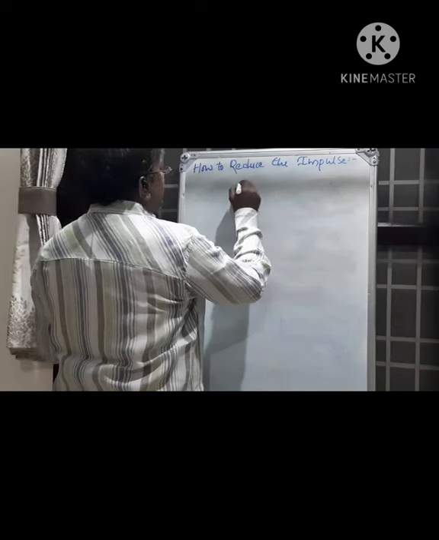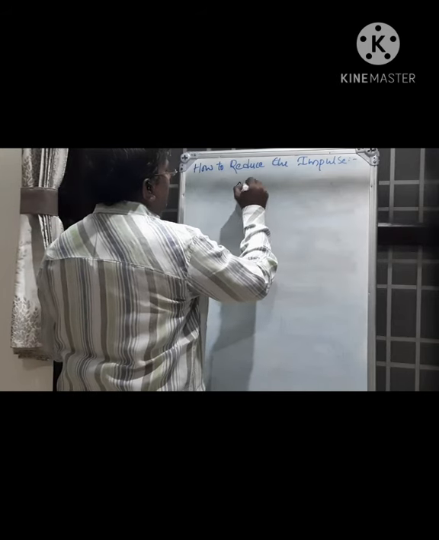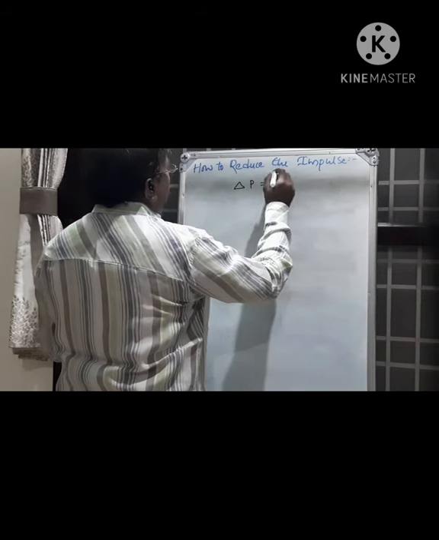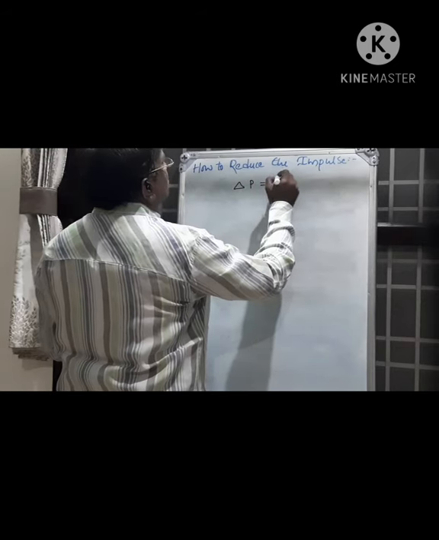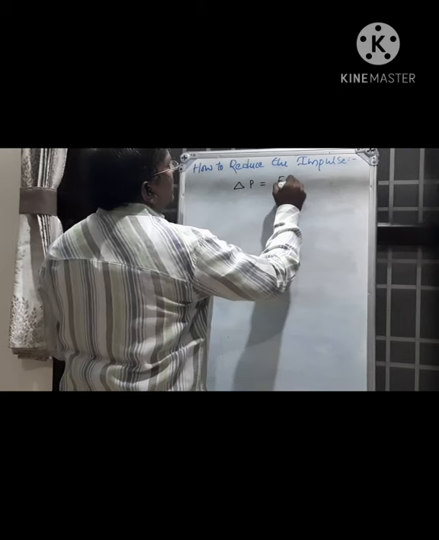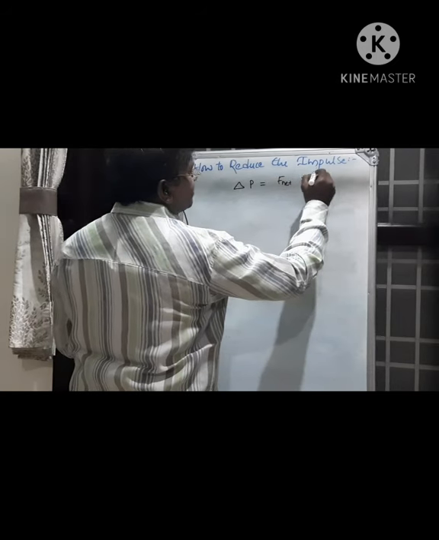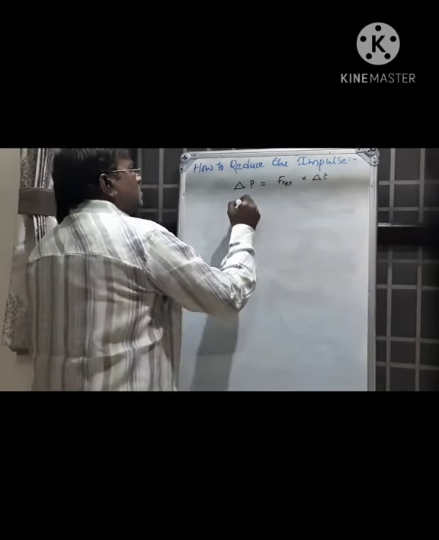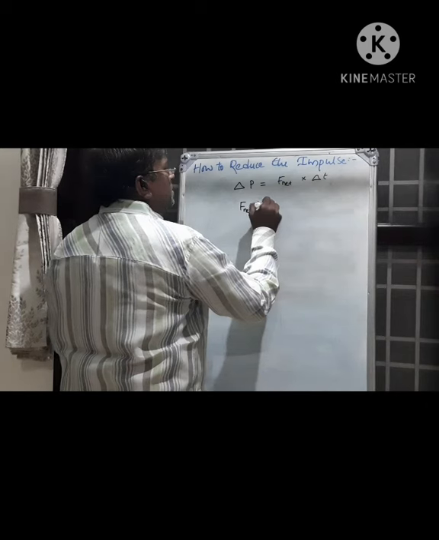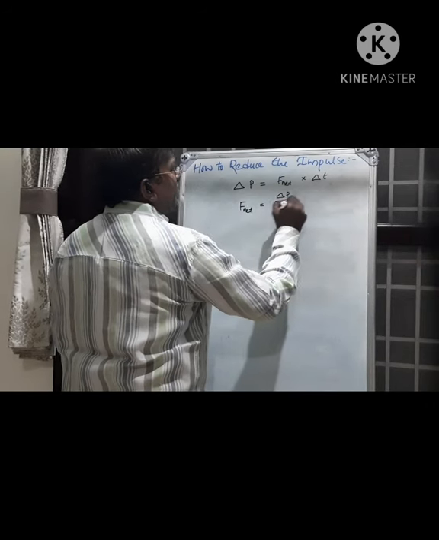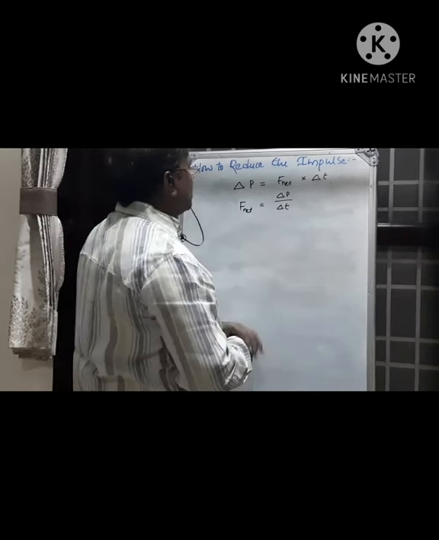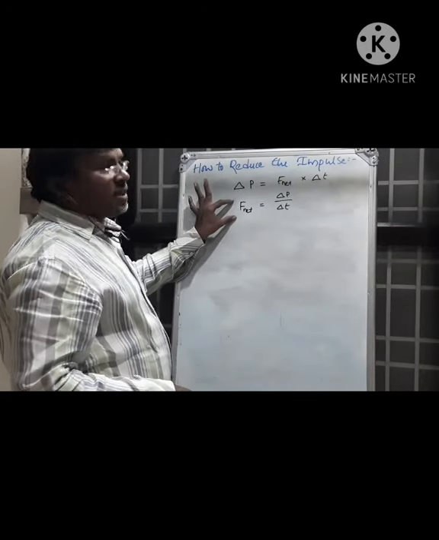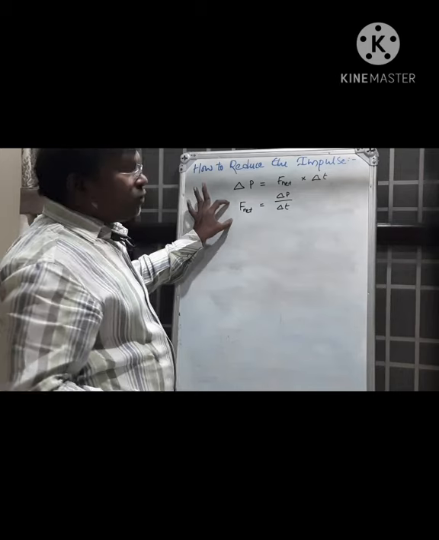As per the definition of the impulse, delta P is equal to F net into delta T, or F net is equal to delta P by delta T. This is the force exerted on the body for a short duration.